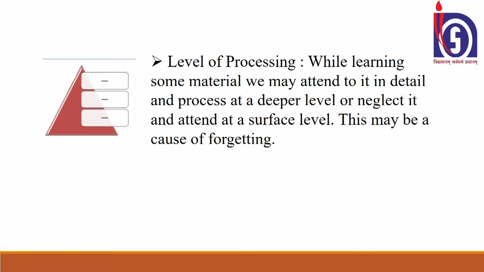Some information we are not paying much attention to and we are not processing properly, and other information we might be able to process properly. This is the reason for forgetting. So the information which is not processed properly will eventually be forgotten, and the information which is processed properly and at a deeper level, we are going to remember it. So this was all about the causes and the theories of forgetting.